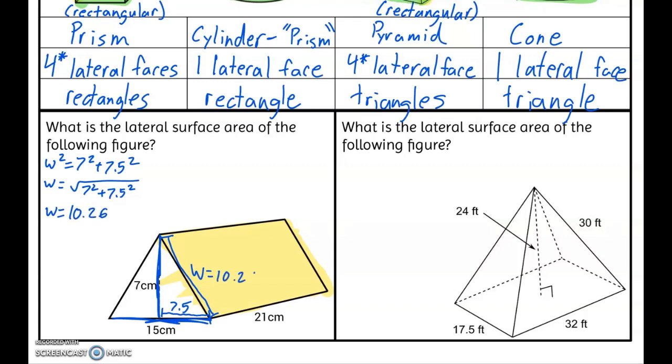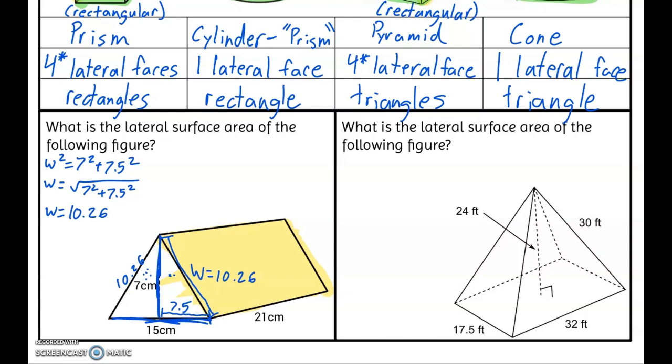So this is 10.26. Now, these two triangles right here have the same slant height, or the same side lengths right here. So this is also going to be 10.26. So even though I only have to find the area of my 3 faces, I really have to find the area of 2 faces and then multiply one of those faces by 2.